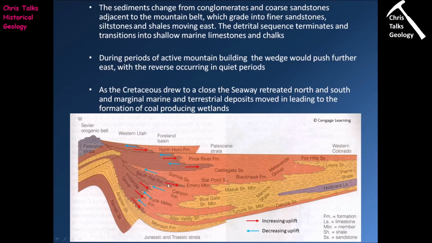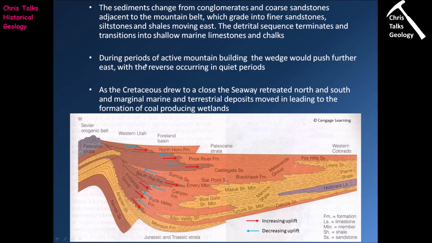So the sediments change from conglomerates and coarse sandstones on the west to finer sandstones, siltstones, and shales in the east, as we just discussed. So the detrital sequence terminates and transitions into shallow marine limestones and chalks on the eastern margin, where the water quality is on the whole pretty good.